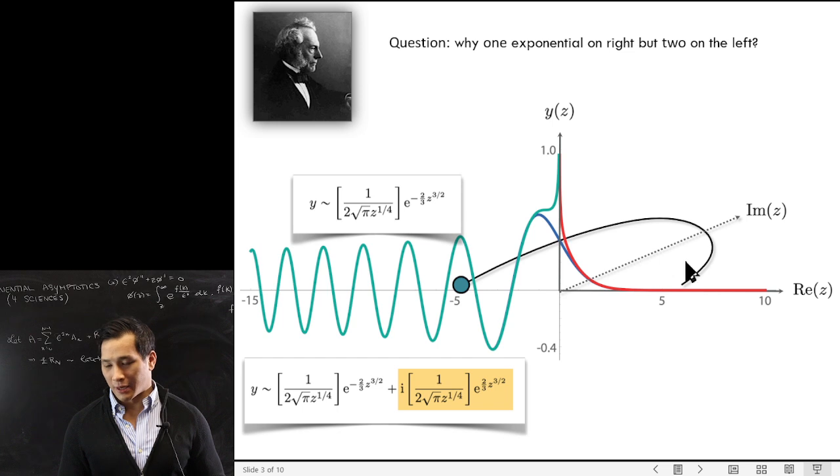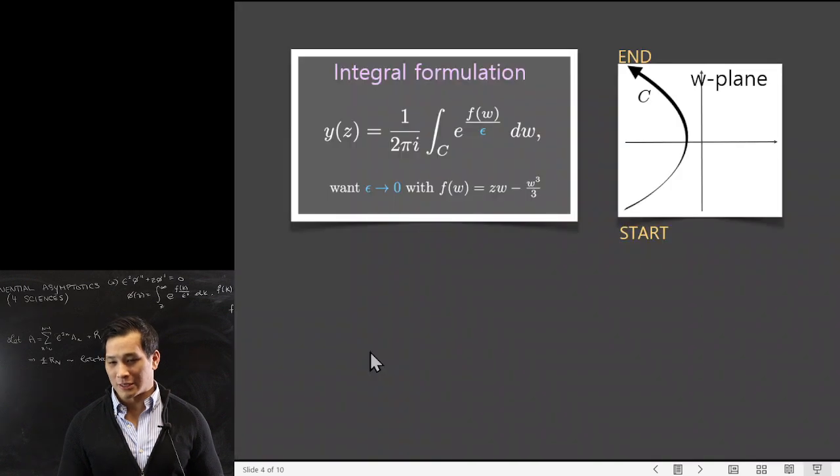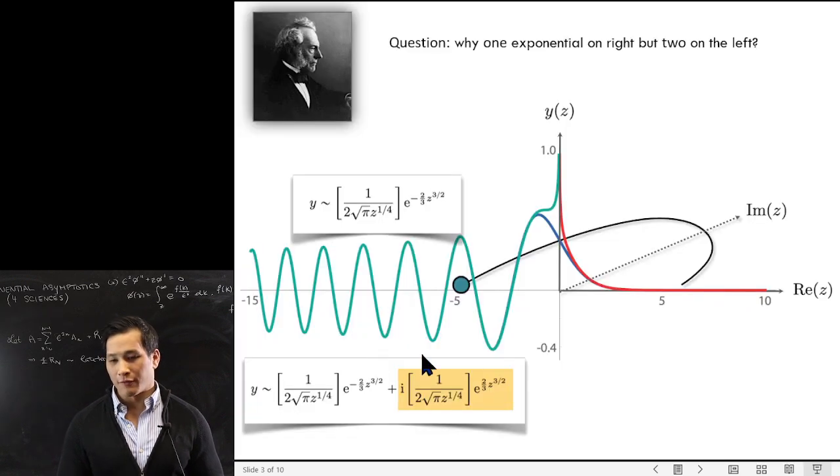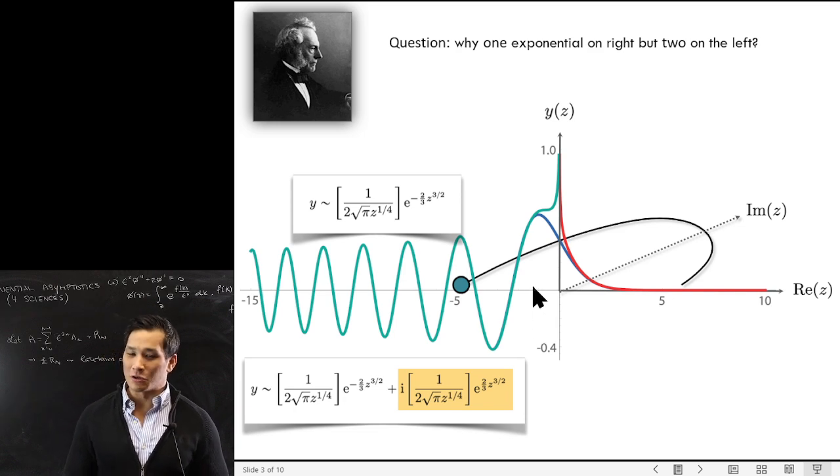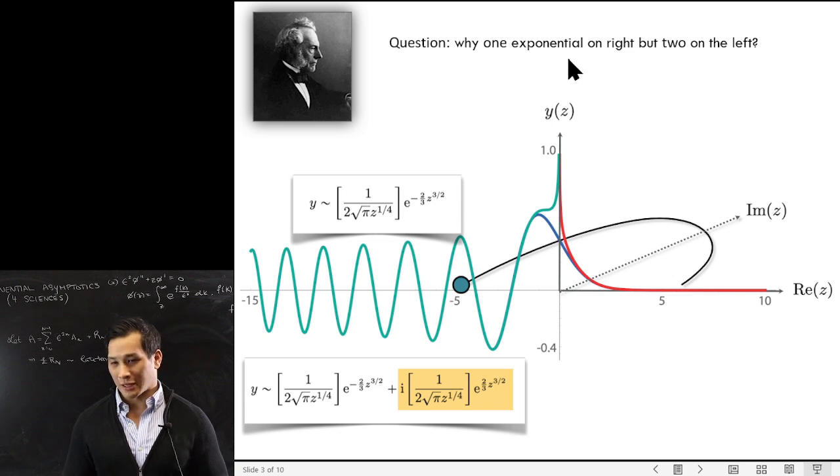On the right-hand side, where the red curve is valid, you had to discard the second exponential because it's exponentially growing. But by the time you get to the left-hand side and the negative real axis, you have the second exponential. And indeed, if you add these two solutions together, you'll develop the cosine. So this was essentially Stokes' question. Why do you have one exponential on the right, but you have two on the left?